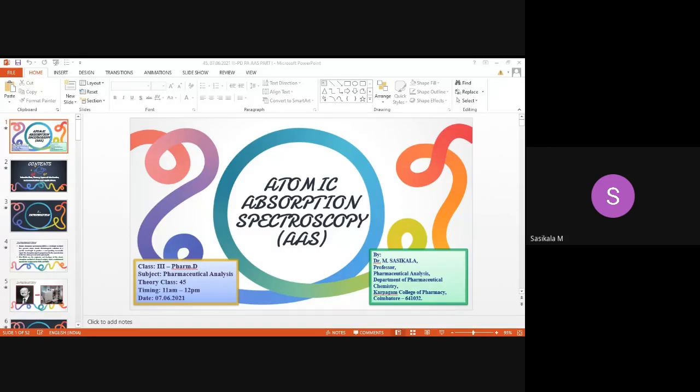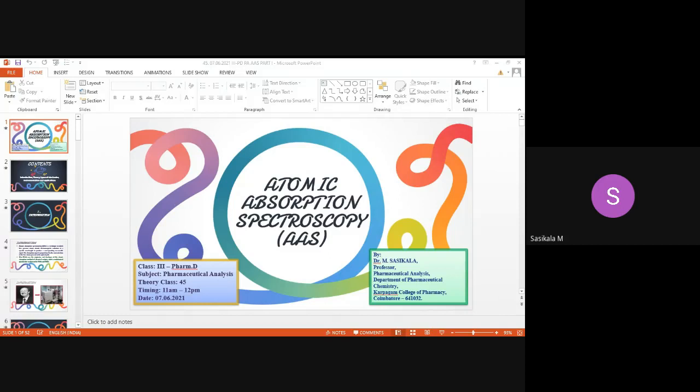What about UV visible spectroscopy? Whether it is molecular absorption spectroscopy or atomic absorption spectroscopy? Molecular, yeah, molecular level absorption. UV visible is molecular level absorption spectroscopy.